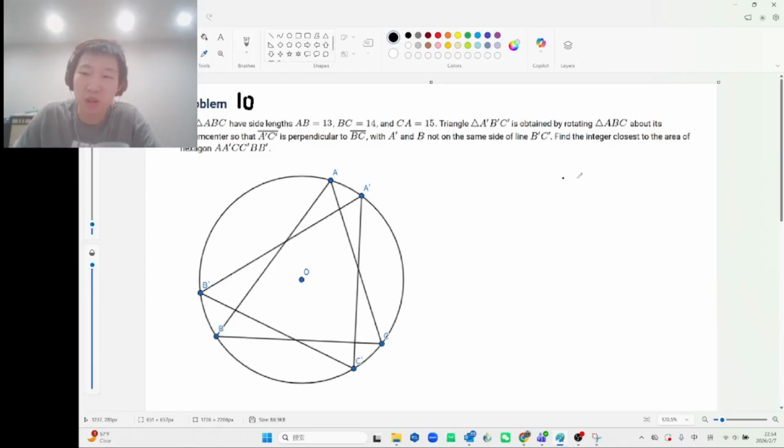We are finding the integer closest to the area of the hexagon A'CC'BB'.